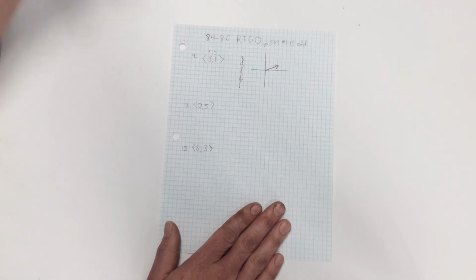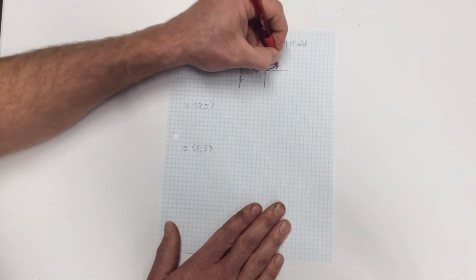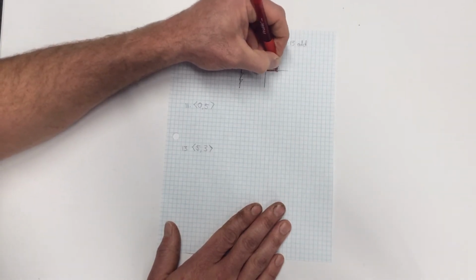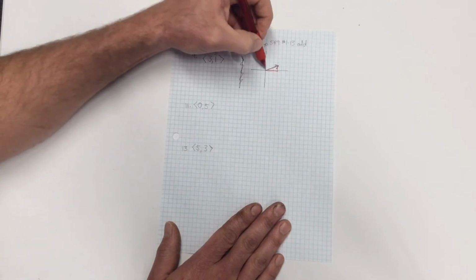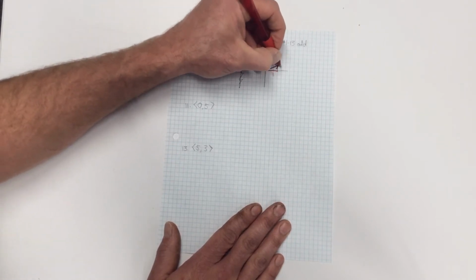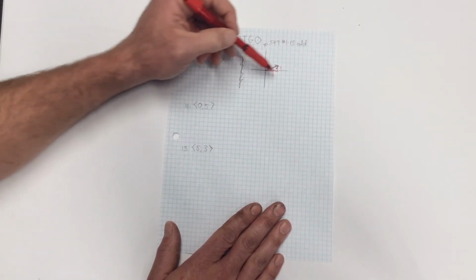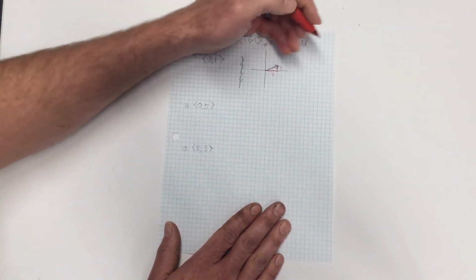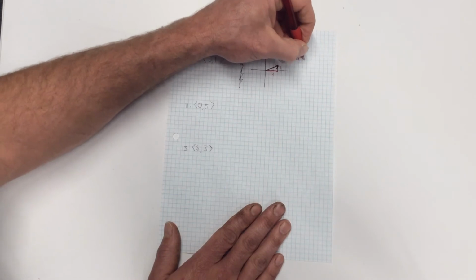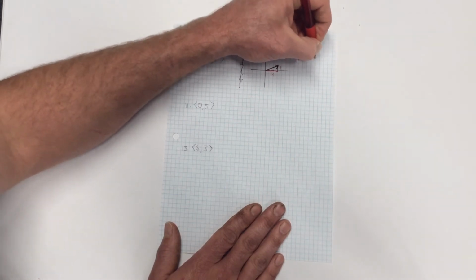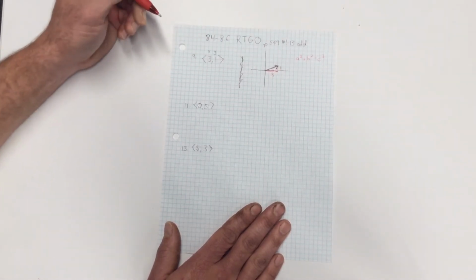All the magnitude is the length of this line, which is just a hypotenuse, something we learned way back in chapter 1. We know the lengths, 3 and 1. I don't even have to draw this once you really understand what you're doing, but I'm using it to explain what we're doing. And so then we can just use the Pythagorean theorem. A squared plus B squared equals C squared.